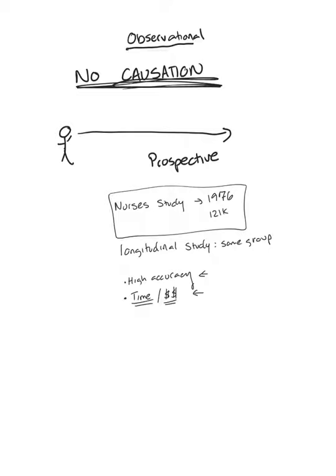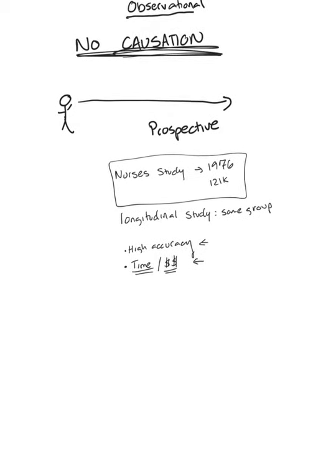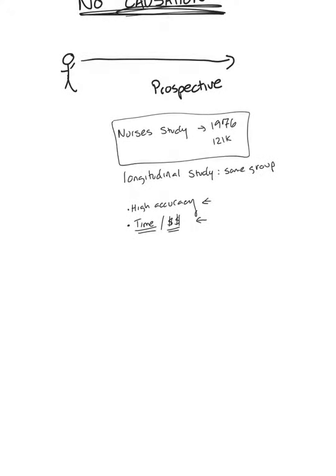Now, in contrast to a prospective study is what we call a retrospective study. A retrospective study does basically the opposite. That is, if we visualize ourselves as standing right here in the present, a retrospective study looks backwards. That is, right now I go out and ask people about events that have happened in their past, about behaviors or habits they had when they were younger.